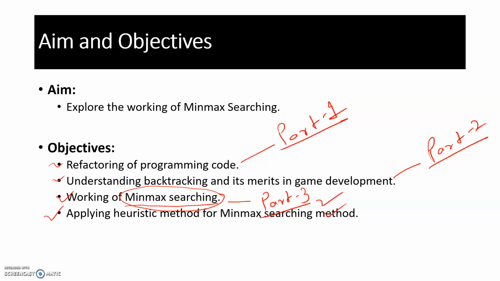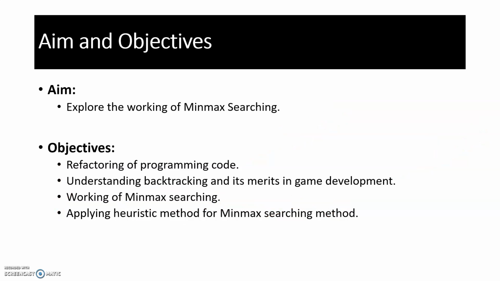And finally, I will explain how you will apply heuristic methods for Minimax searching techniques. And then I will brief you about the tutorials. This explanation of the tutorial is not given as an objective here, but I will explain.